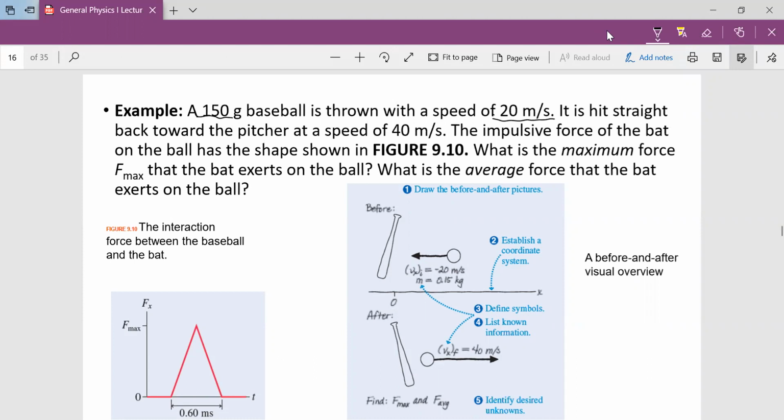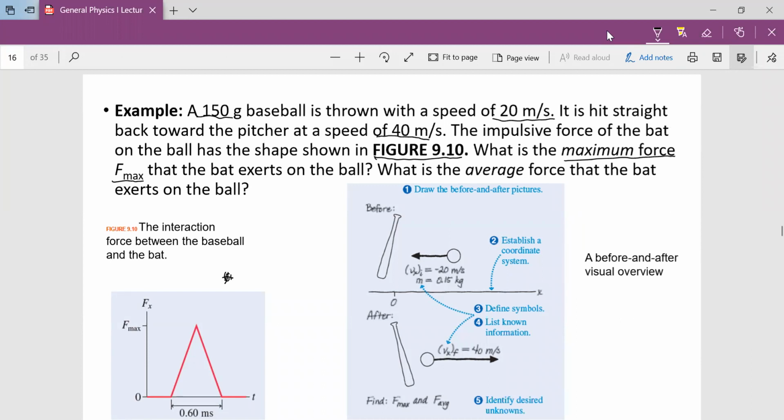It is hit straight backward toward the pitcher at a speed of 40 meters per second. The impulsive force of the bat on the ball has the shape shown in this figure, figure 9.10.